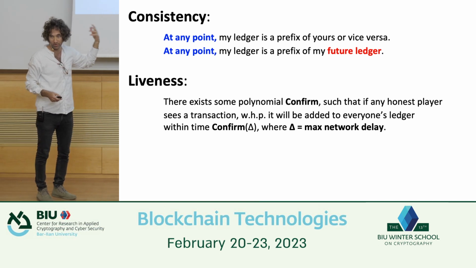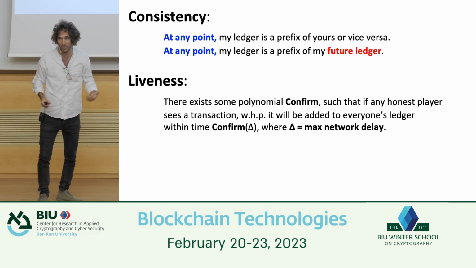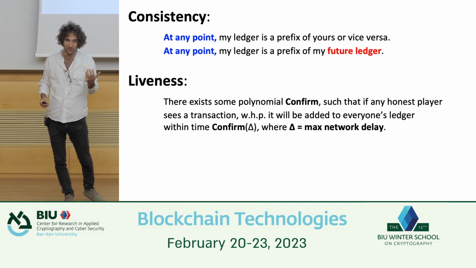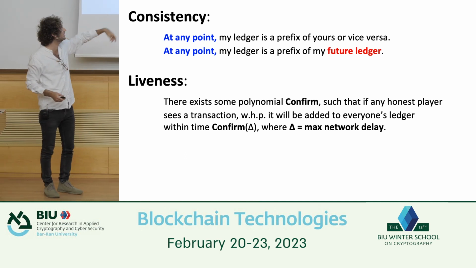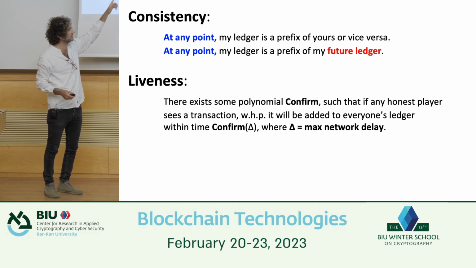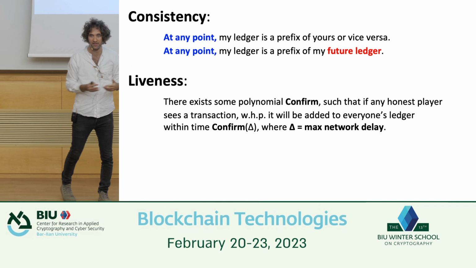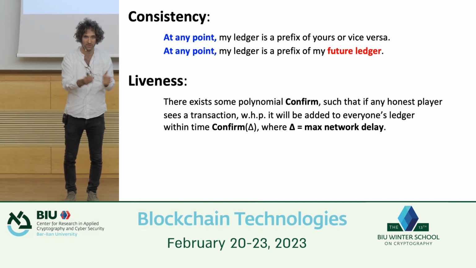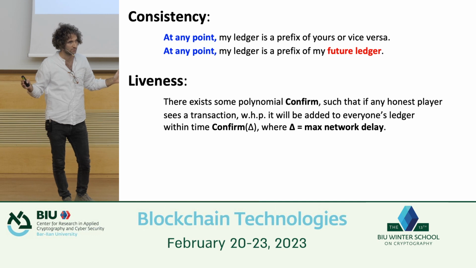So the way we'll formalize it, there exists some function. For us, it's going to be a polynomial, confirm. And we have the property, if some honest player would like to add a transaction, in that case, it should get added to everybody's ledger within confirm of delta time, where delta is a bound on the network latency. Network latency is the time it takes for a message to get delivered to everybody in the network.